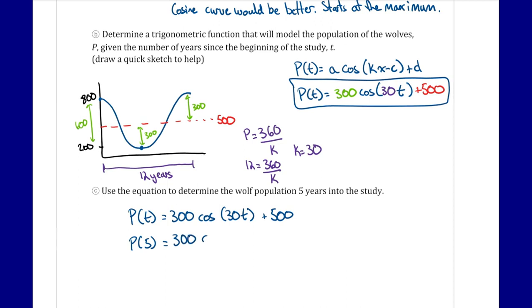So 300 cosine 30 times 5 plus 500. The population after 5 years. We have 300 cosine 150 plus 500.